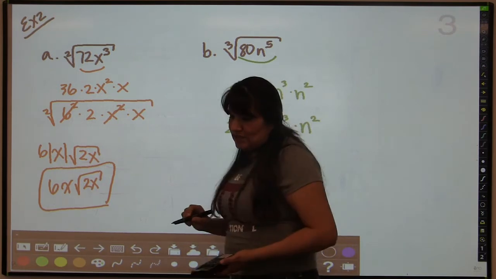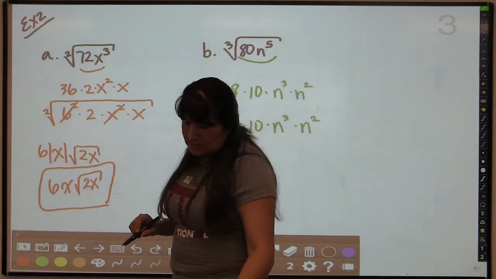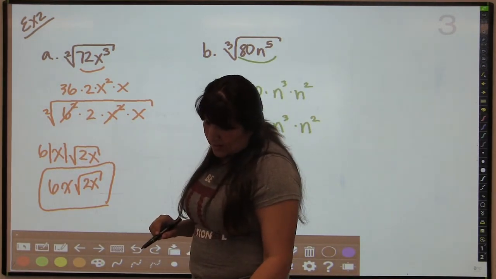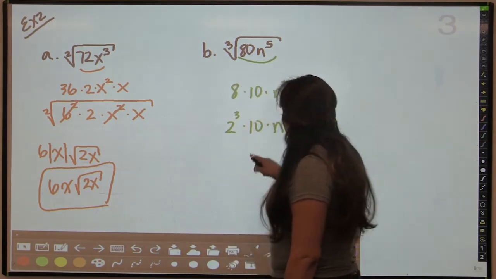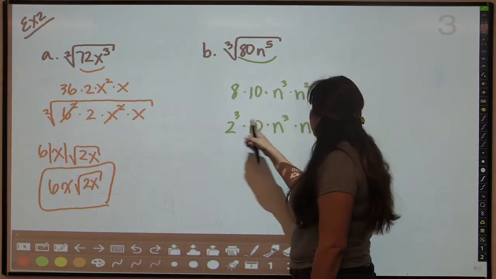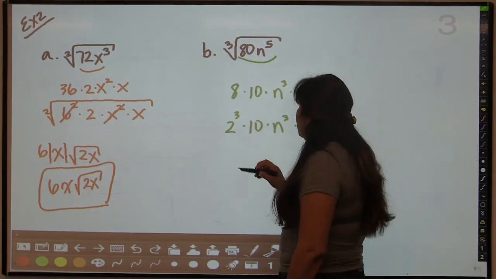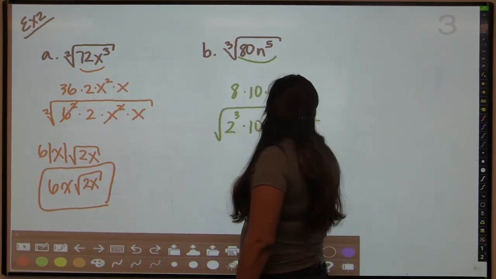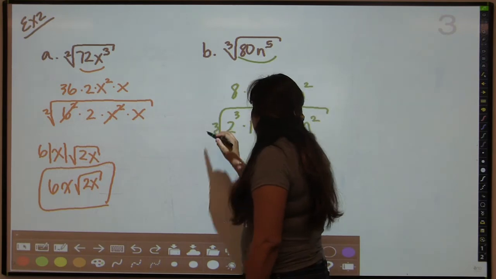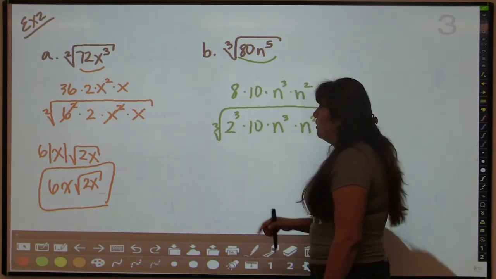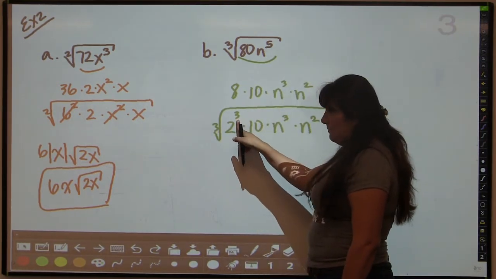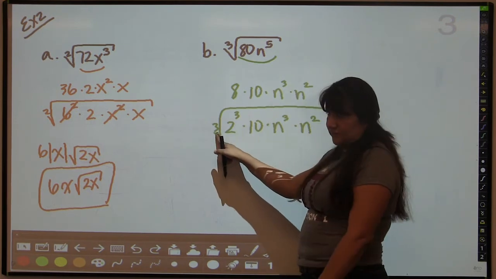I cannot stress enough how much you need to be able to factor these things out into perfect cubes. Obviously not everything is going to work, but you want to make sure you can get the most out of your factoring. And again, just like the previous example, anything that has a third power will cancel with the index of 3.